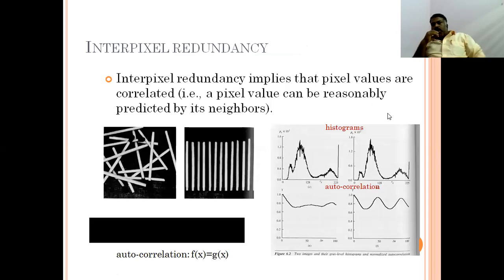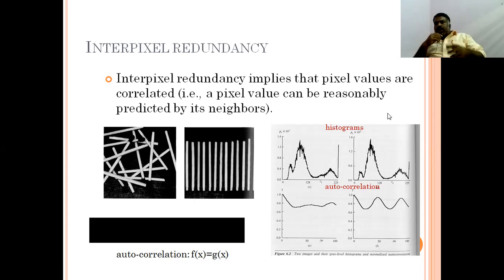Then another one, interpixel redundancy. Whenever we represent the image in a grid format, we consider the mask, that is, one particular portion of the existing image, and we also consider the neighborhood pixels, the pixels surrounding the selected one.